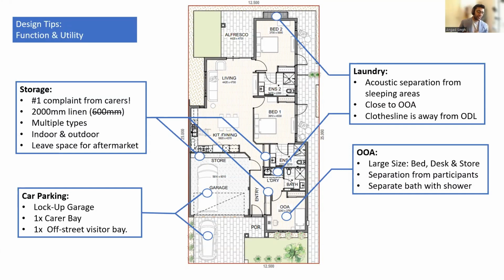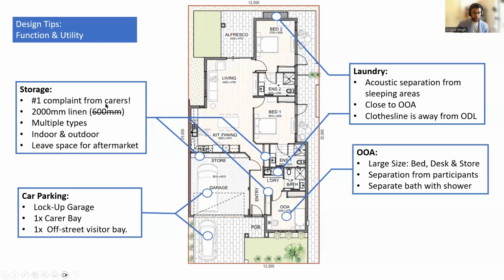So this to me is something, you know, even when we do custom homes or any development, this is always the thing that gets looked at last. And so we always want to make sure that upfront in the design phase, we are considering how the dwelling will be used and making sure that, you know, the utility is not an afterthought. It's actually front and center of the design.